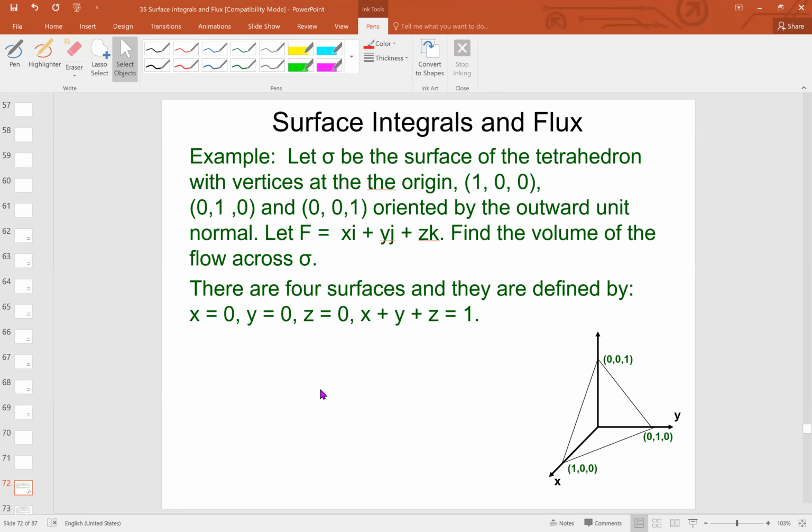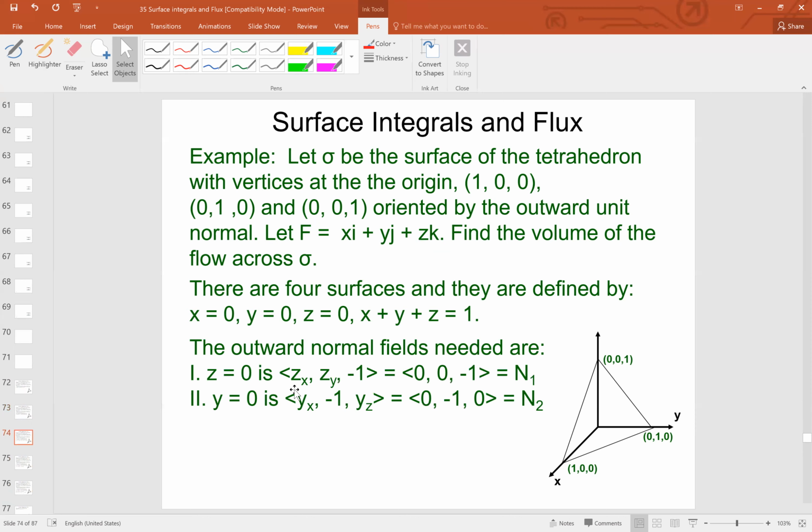Given this flow field, what's the total outward flow? And this is where you have to use the word outward to define which directions you are flowing.